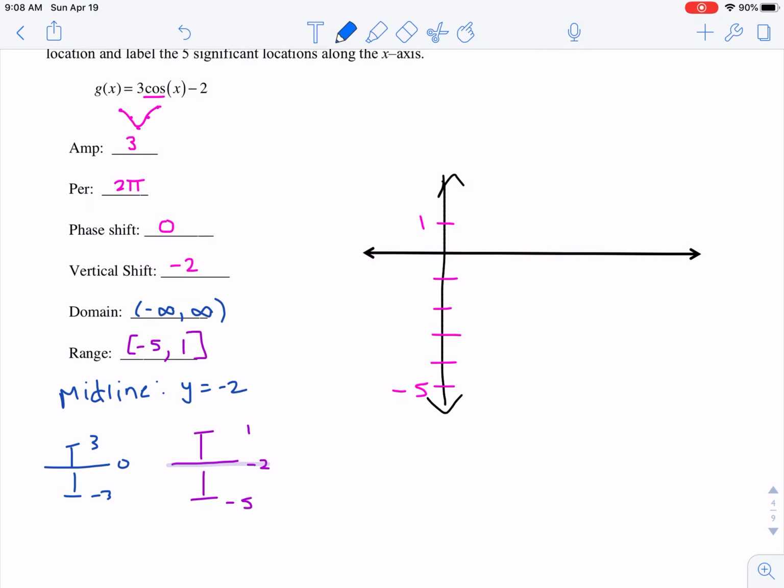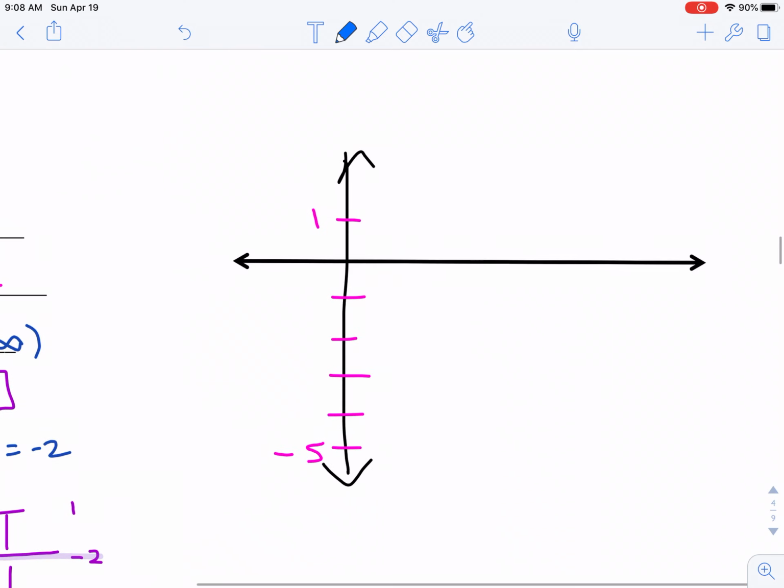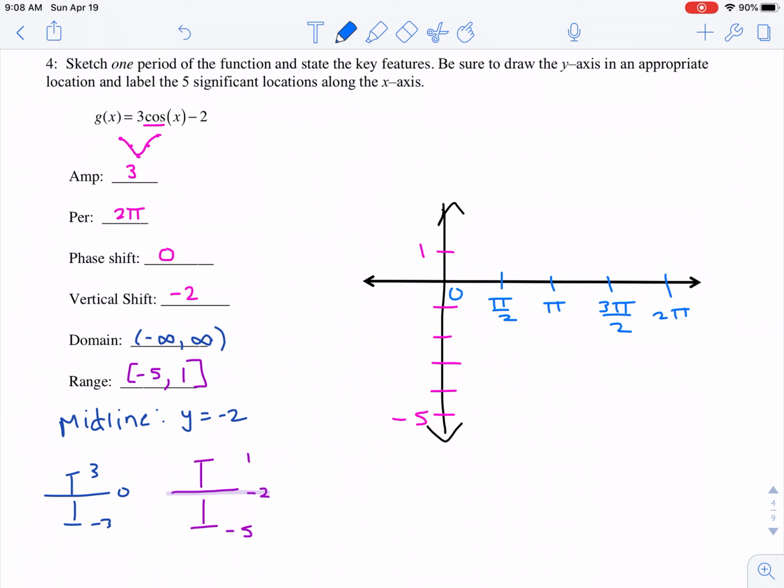Now my x-axis, my period is 2 pi, and I'm still going to divide that into fourths, so I have pi over 2, pi, 3 pi over 2, okay? And then when I go ahead and draw this, I want to draw in that midline again. That midline is here at negative 2, so I'm going to draw that in.